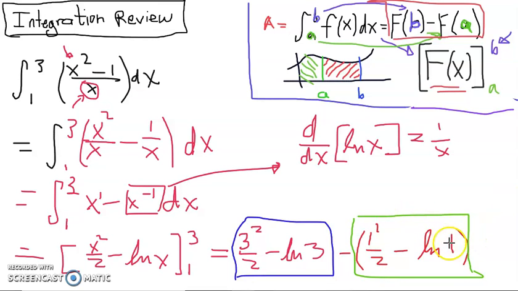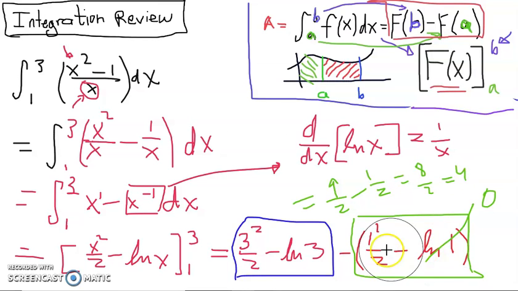Now, natural log of 1, you can type this into your calculator, but anything to the 0 power gives you 1. So that just means that this is 0. But you can plug that in a calculator to get an approximation. 9 halves minus 1 half is 8 halves, or 4.